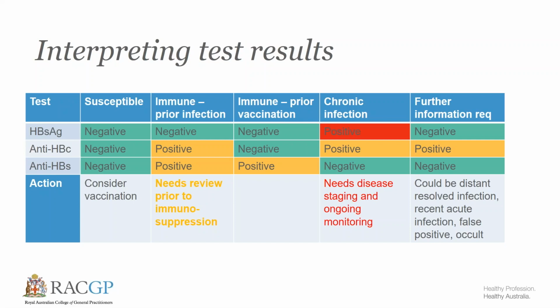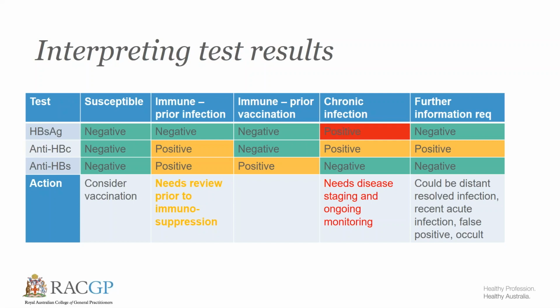The next column is immune due to vaccination. Because this person has never experienced the full hepatitis B virus, they've only experienced the vaccine, which is just the surface antigen part of the virus, they're not going to have core antibody. They've just got surface antibody. And of course, they don't have surface antigen.